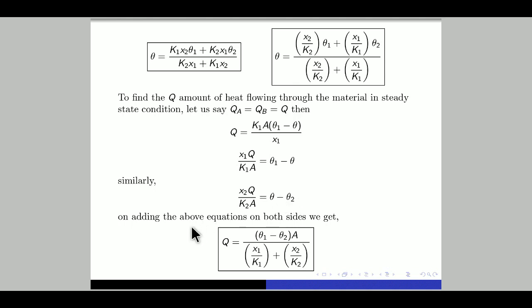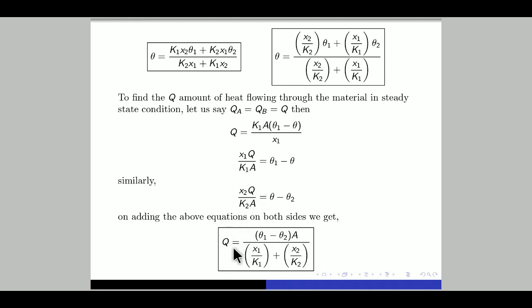Adding the above two equations on both sides, theta minus theta gets cancelled, so the right hand side is theta 1 minus theta 2. The left hand side is x1 Q divided by K1 A plus x2 Q divided by K2 A. Now Q is common, so take Q outside. Then (x1 by K1 plus x2 by K2) is commonly multiplied, and A is there again.